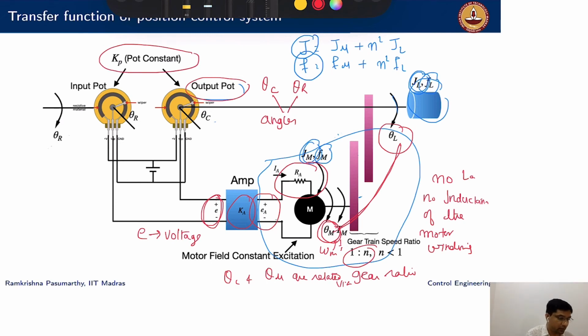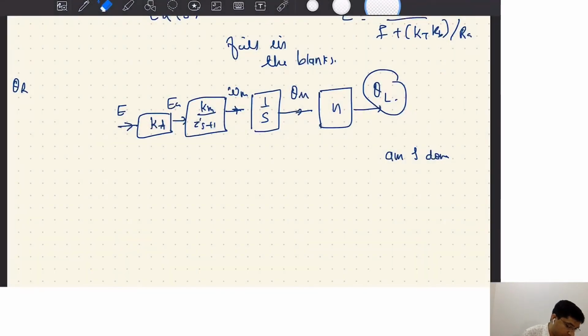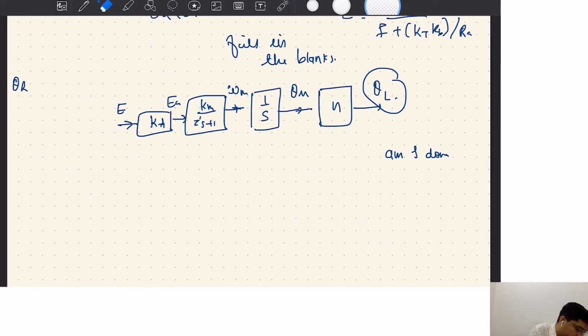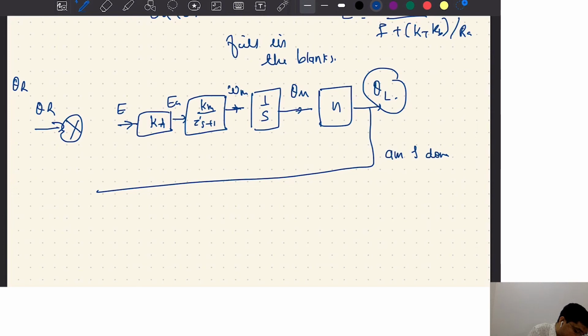Is this Kp? So this is my reference theta r, and this is my final measurement theta c, with a minus here. Theta r minus theta c goes through the potentiometer constant Kp to give me E, and then the entire thing proceeds.